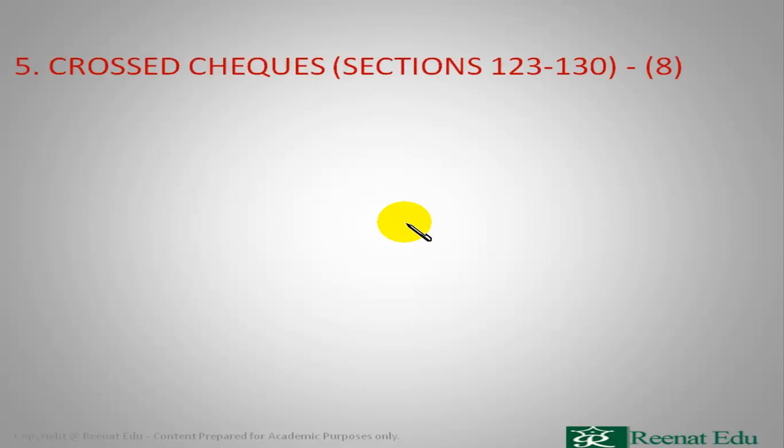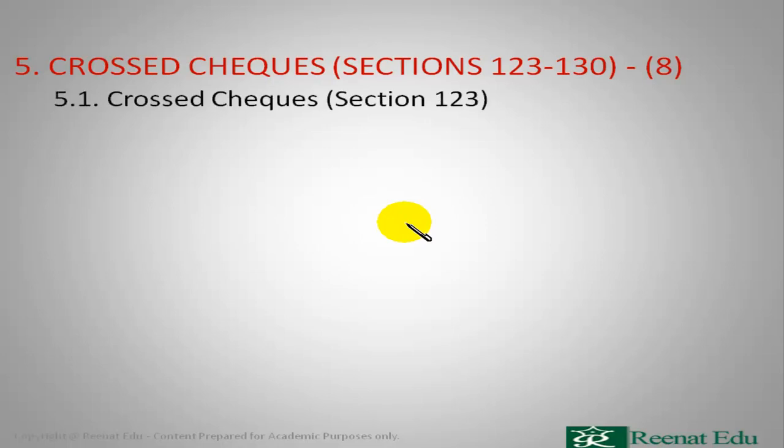And the 5th one is crossed cheques. This topic is going to be dealt with under sections 123 to 138. Again, this has 8 main subtopics that you need to remember.